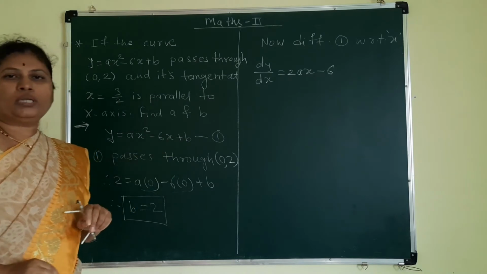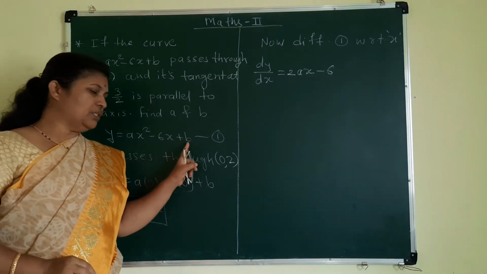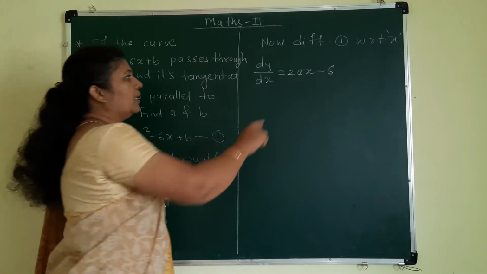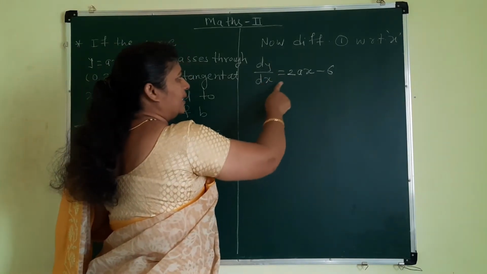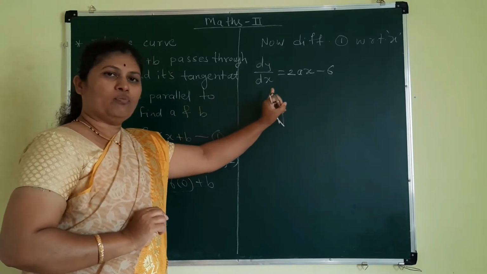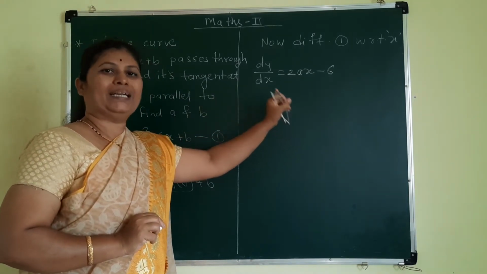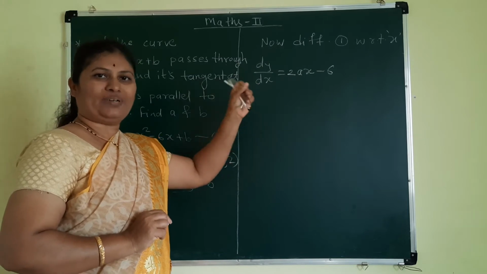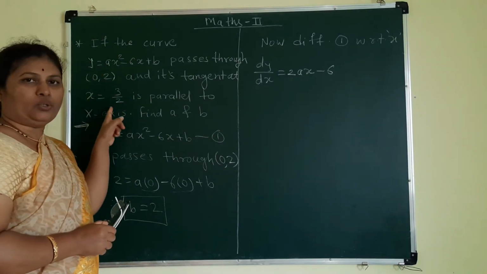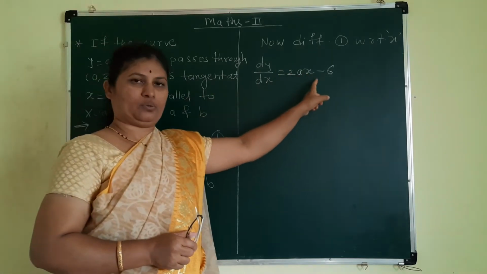And b is only a constant, so its derivative will be 0. So here I get this equation, dy by dx is equal to 2ax minus 6. This is the derivative of y with respect to x, and this will give me the slope of tangent at the point x is equal to 3 by 2 if I put x is equal to 3 by 2.